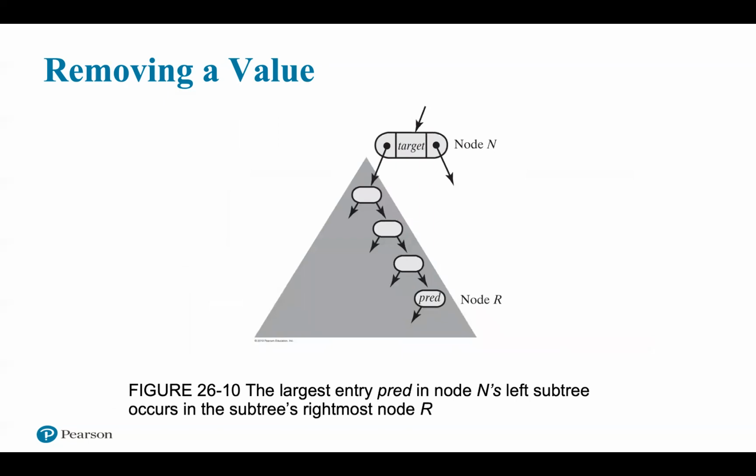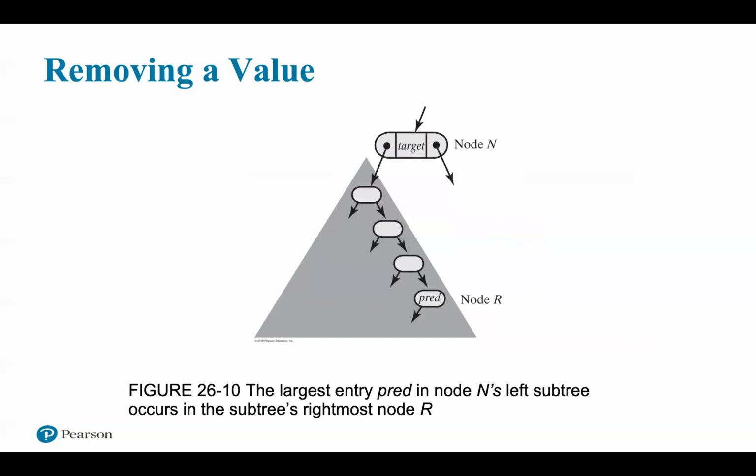So let's consider locating the entry pred. The previous segment assumed that we could find target's in-order predecessor pred and delete its node. So let's locate the node that contains pred. Consider again node n in Figure 26.9a before target is removed from the tree.